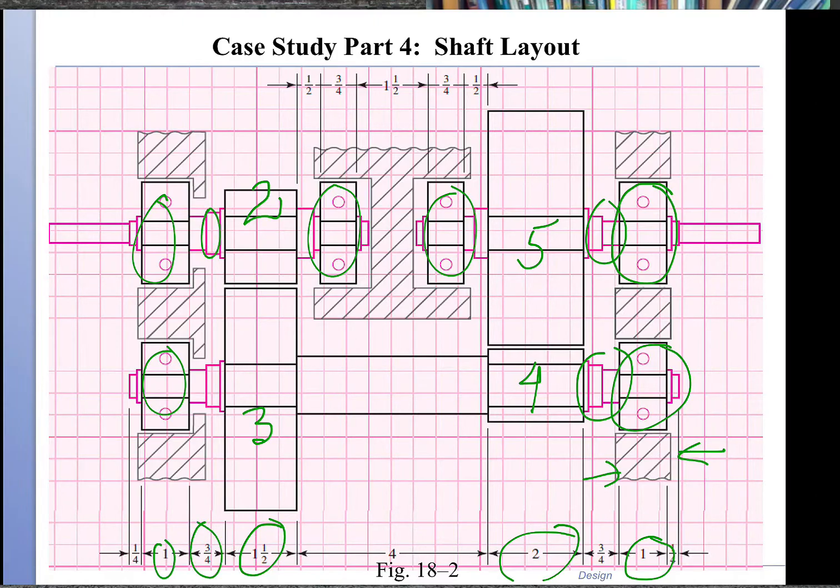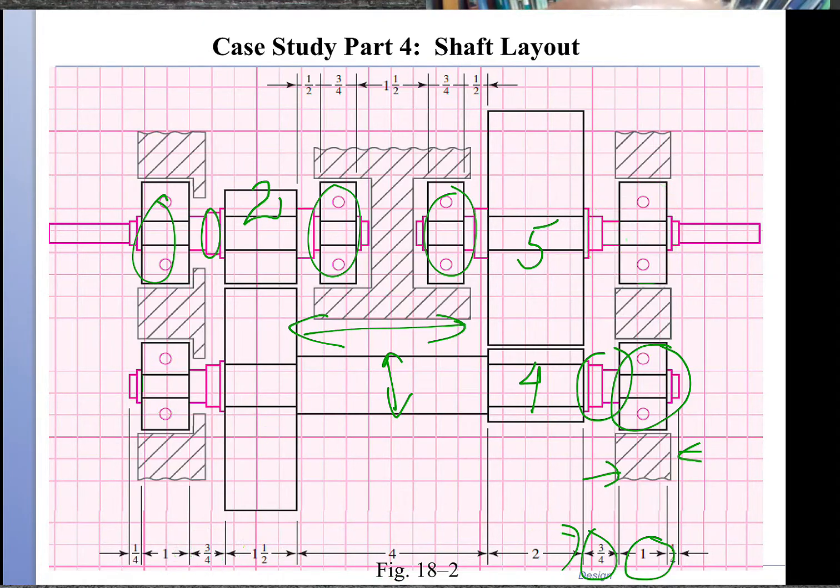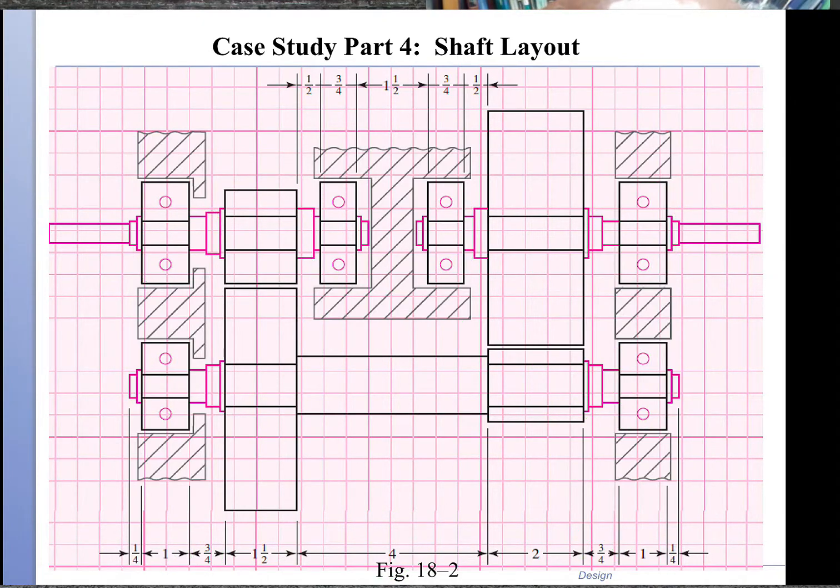So we have 3/4 here and 3/4 here, and then because we need to support in the middle section, we're going to add 4 inches in the middle section here, and that will make the diameter of the counter shaft in the middle section large, as we have actually verified earlier in the same example that we studied before.